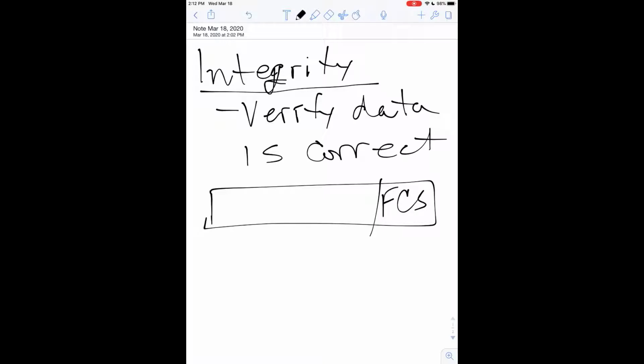The one term you're going to hear with integrity is non-repudiation. Now, non-repudiation is where actions can be tracked down to their origins.